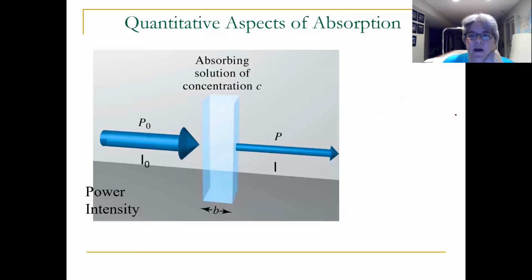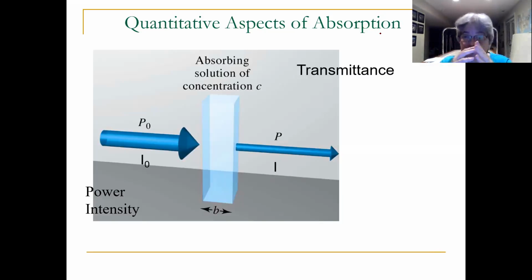Here's my measurement. I have some light. I know its initial power or intensity, and I know its final power or intensity. So we can talk about something called transmittance. Transmittance is how much light goes through a sample.